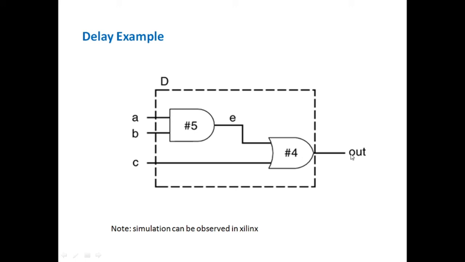So output will not be generated as soon as you apply the inputs. A certain time will be there to evaluate the output. So basically the logical gates consume an amount of time to get the output.